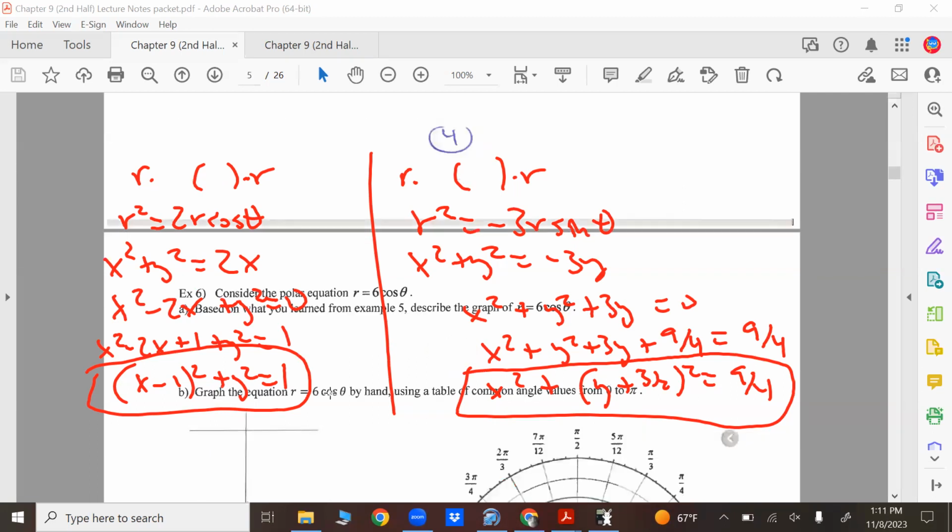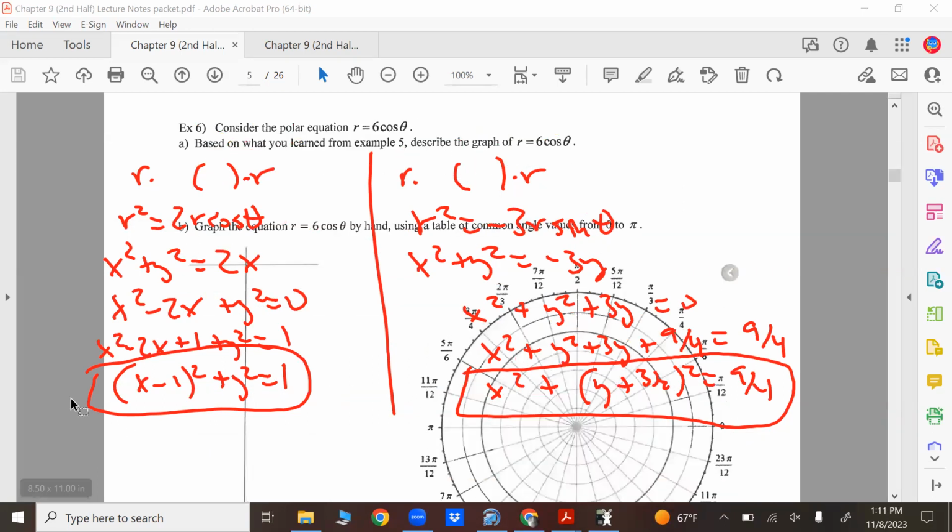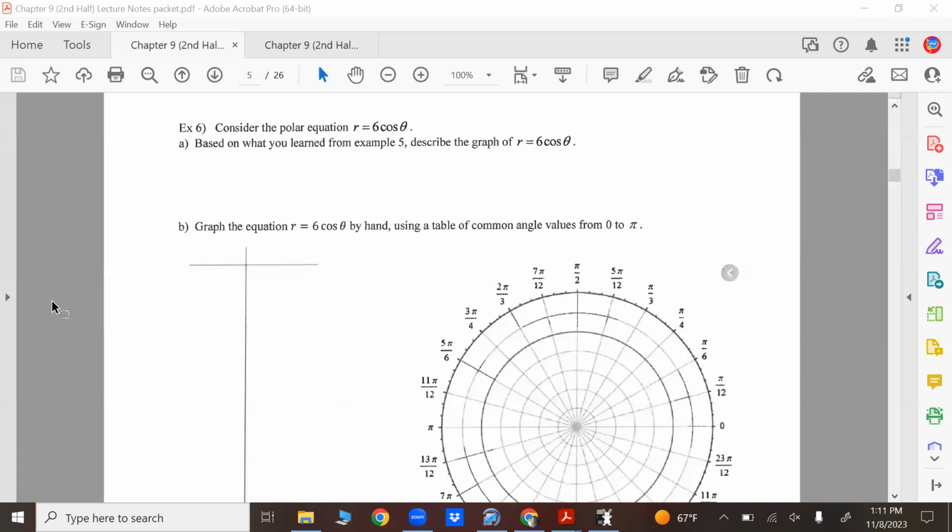Let's move on. Example 6. Here we go. All right, consider the following polar equation. Basically, we learned from example 5. Describe the graph. So obviously, we know it's going to be a circle.